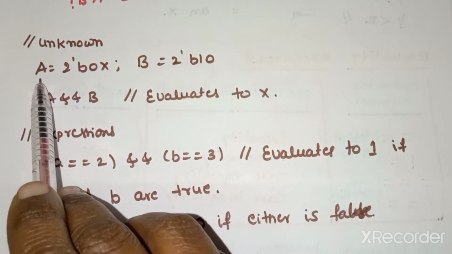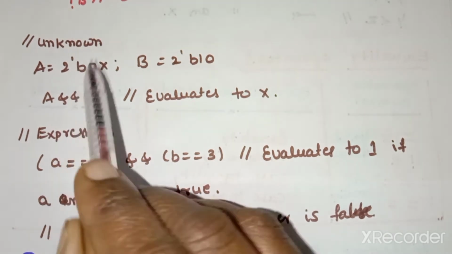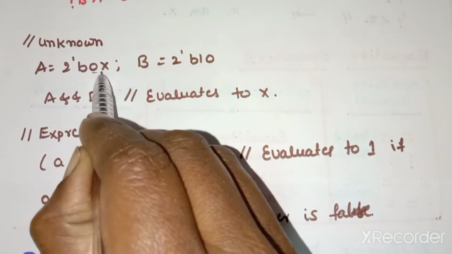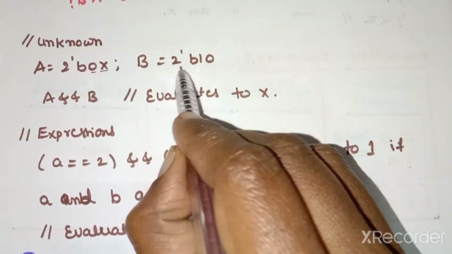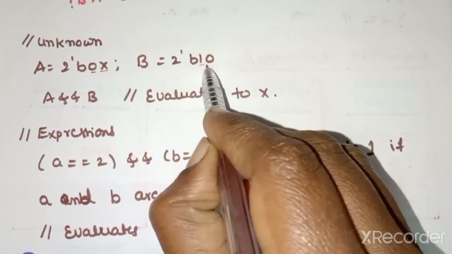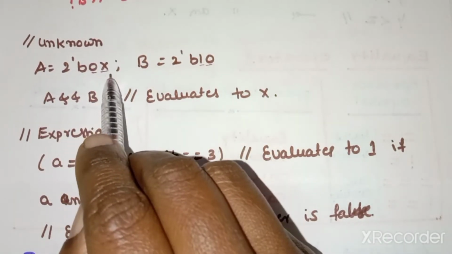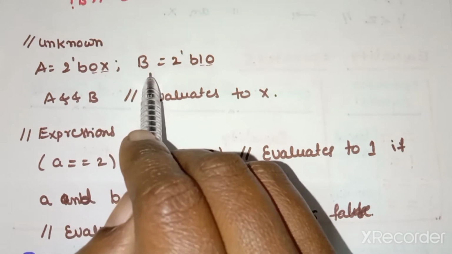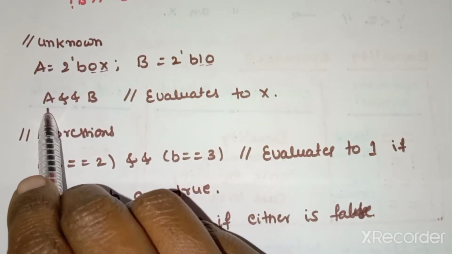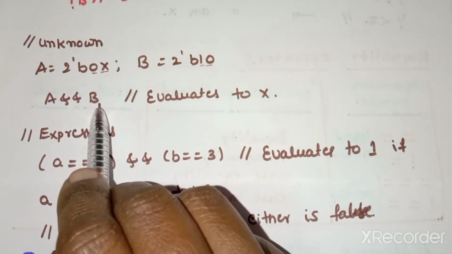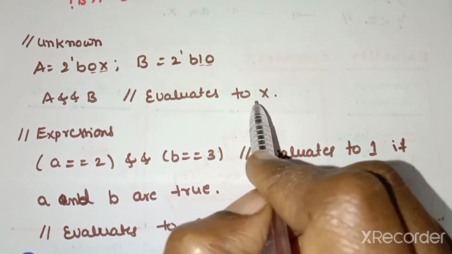Let us take A as a 2-bit value, 0 and x. B is also a 2-bit value, 1 and 0. If you evaluate A logical AND B, what is the answer? Its answer is x.